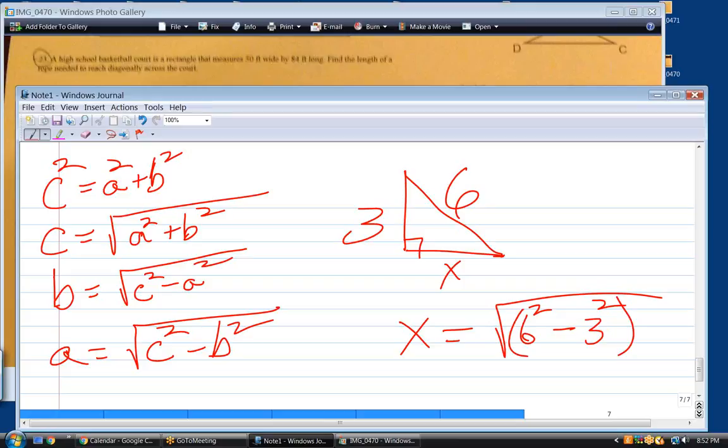Hey, David, hold on for a second, would you? I think what the problem is he's using the wrong formula. He used C, which is the one. Right. I was going to point that out next. This is the formula you want to use. In other words, when you're solving for one of the short sides, then what goes inside the radical starts out with the hypotenuse squared, subtracting the other short side squared.